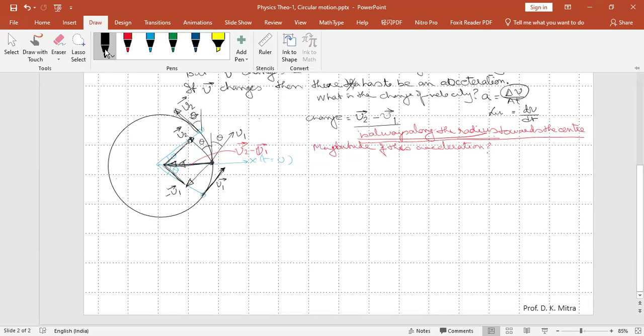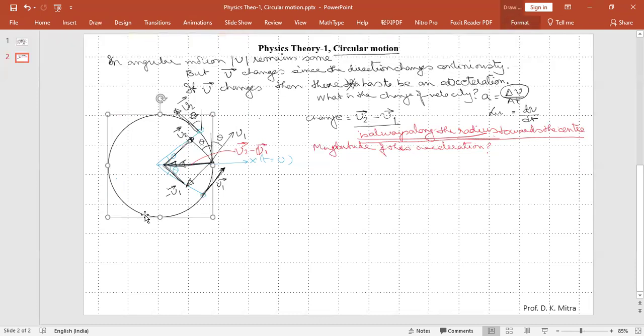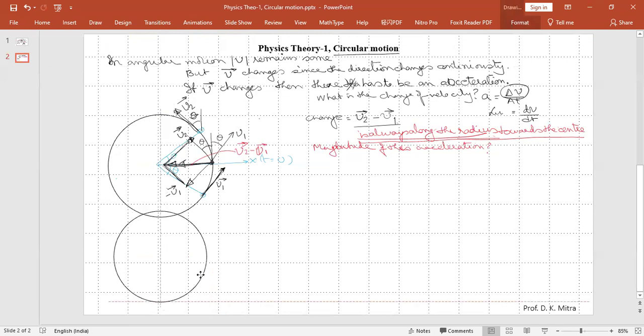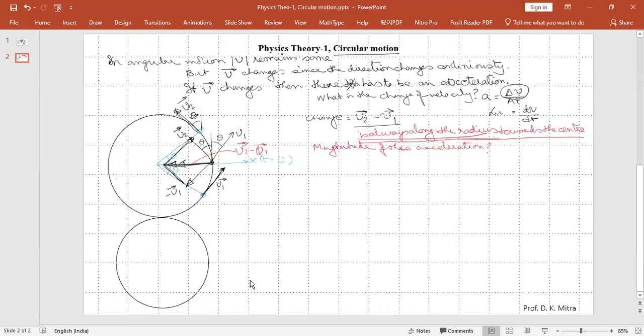Now here we do one thing. This diagram has become clumsy, so we make another circle here, and maybe we make this circle a little smaller so that it is visible.